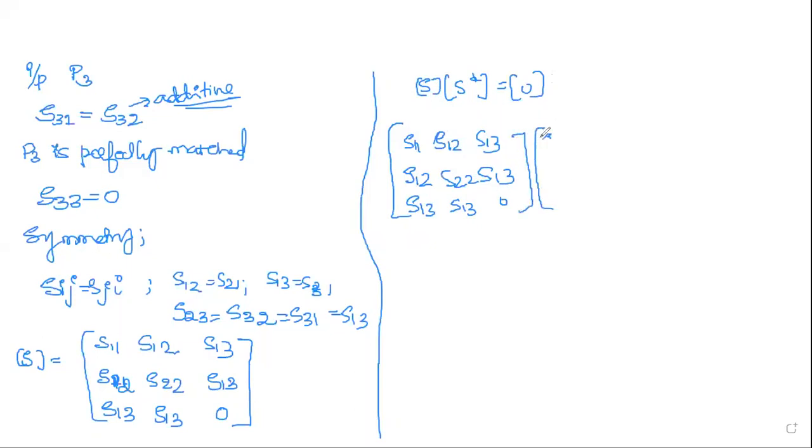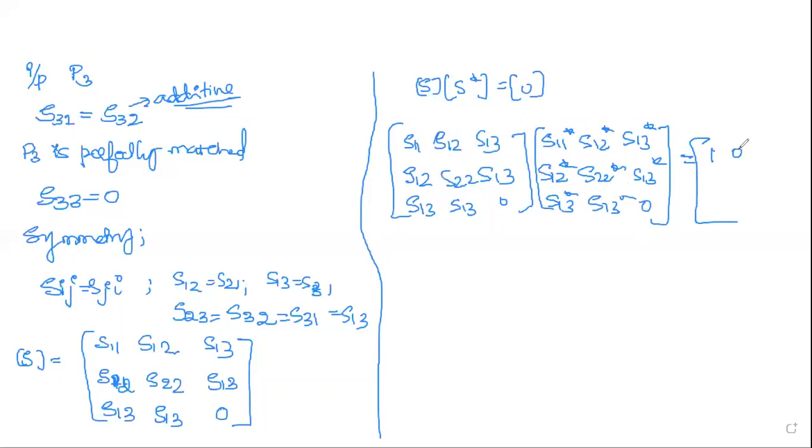This is your complex conjugate: S11 star, S12 star, S13 star, S12 star, S22 star, S13 star, again S13 star, S13 star and 0, which is equal to the unity matrix, that is 1 0 0, 0 1 0, 0 0 1.